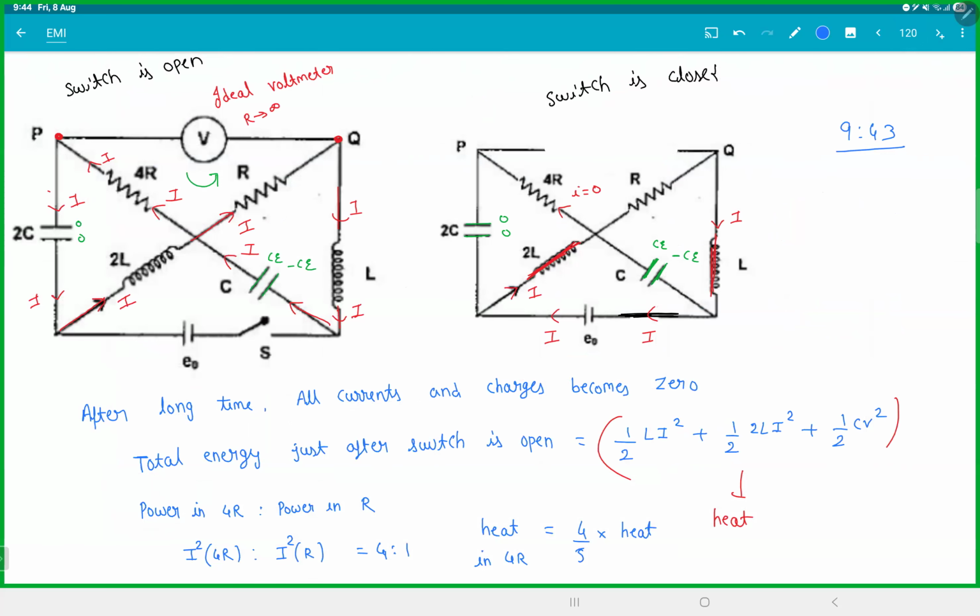Next thing. Yeah, that's a little about the steady state. Next thing, LR charging circuits.